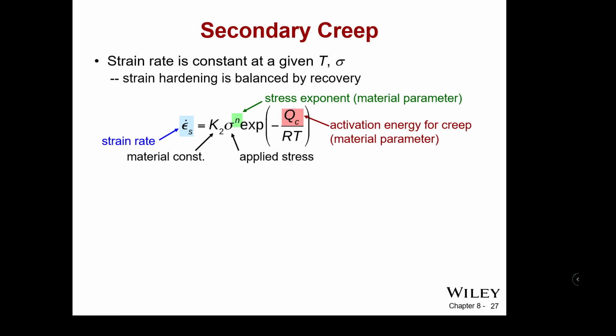So a strain rate is constant for a given temperature and stress, and strain hardening can be balanced by recovery in that circumstance. So you have a strain rate, and this is one of those things that's crazy to think about, but it's a reality.